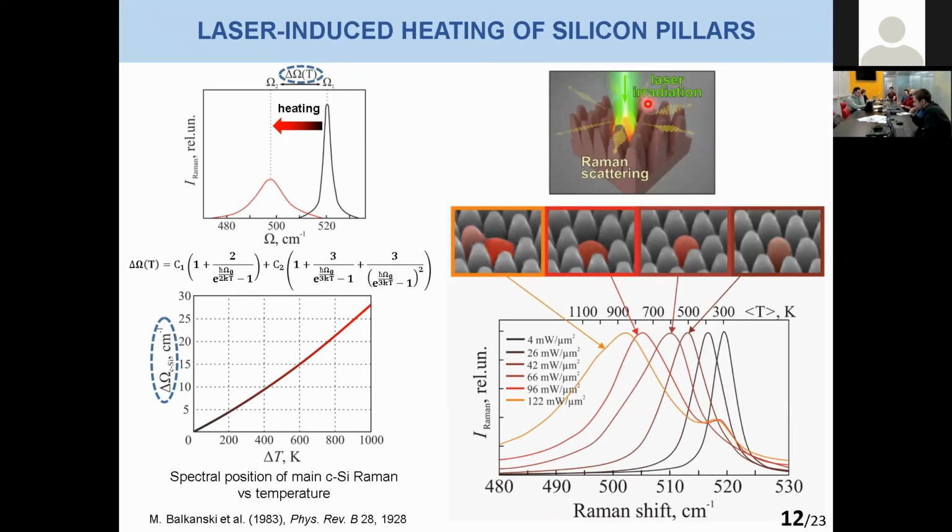You've applied something like 100-plus milliwatts per micrometer, and I wonder if you decrease the intensity, will the shape of this double peak system be broader or narrower? What happens with intensity?